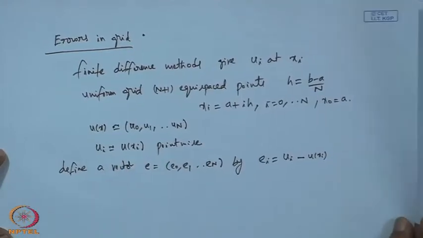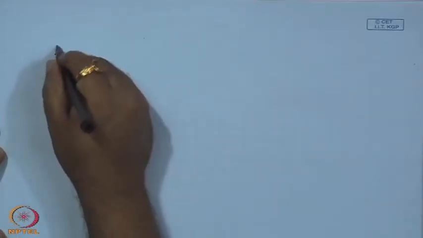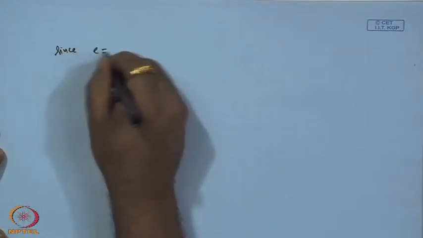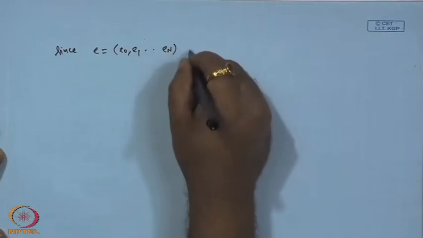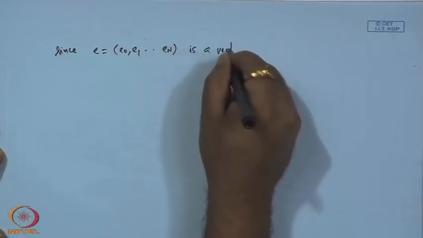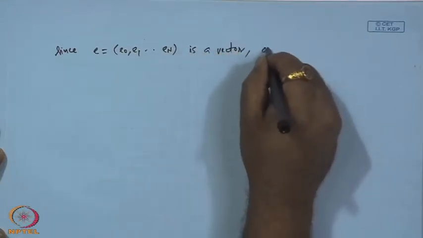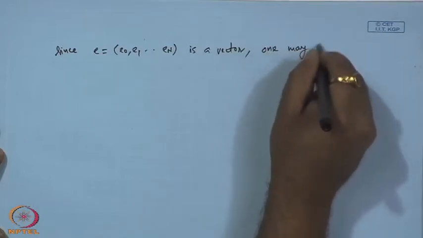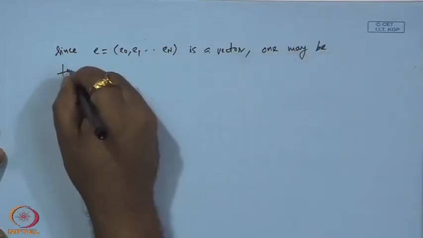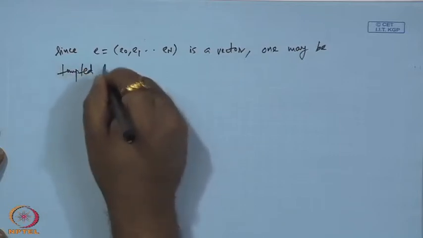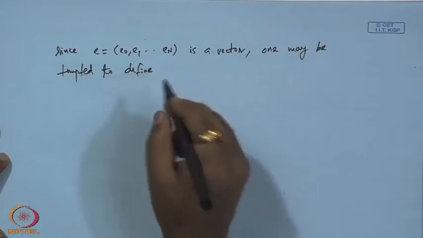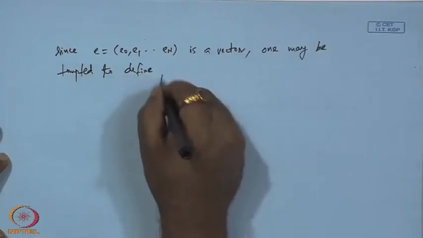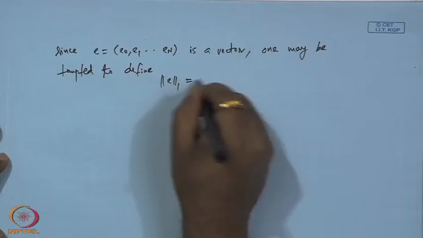Okay. So, now since E is E 0, E 1, E n, a vector, one may be tempted to define the error function like this.